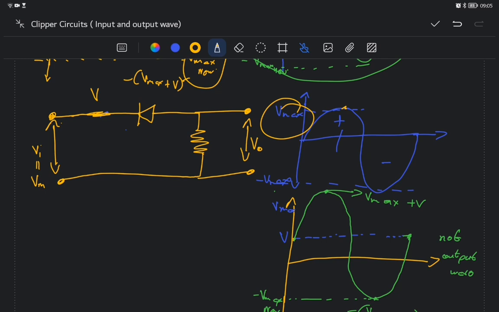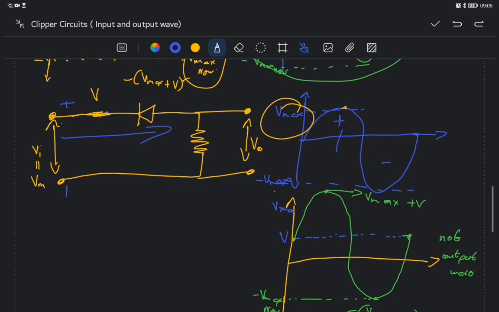This diode is basically gonna close any positive cycle waveform coming in. So no current will flow for the positive cycle.